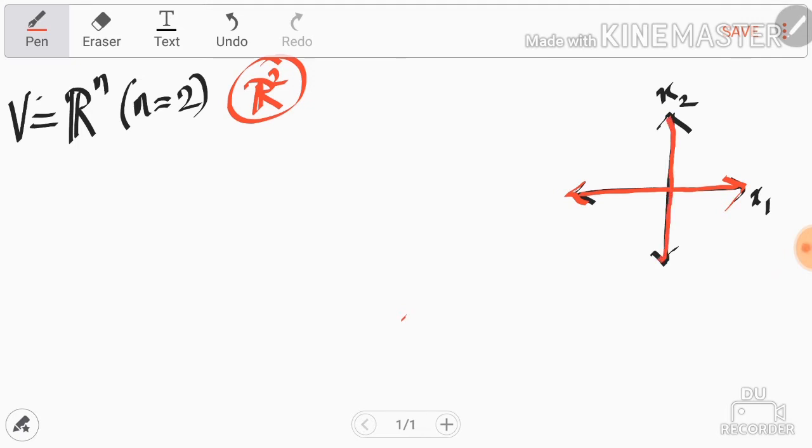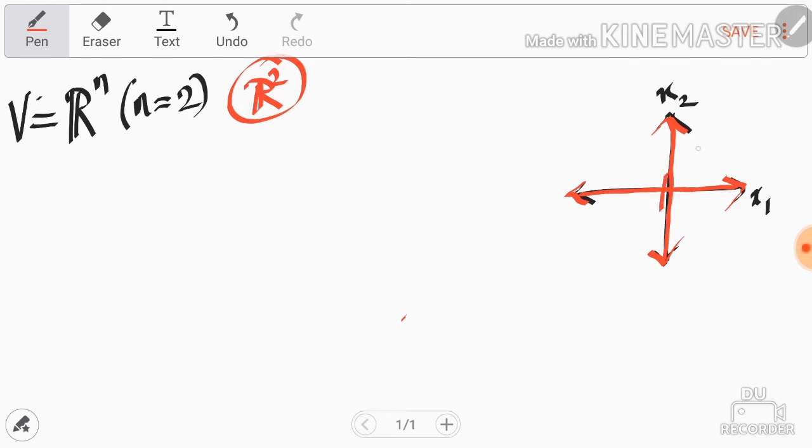But what about this vertical line? Why can't that be a vector subspace? So the answer is yes, it is a vector subspace. Even x2 can be considered as R1.